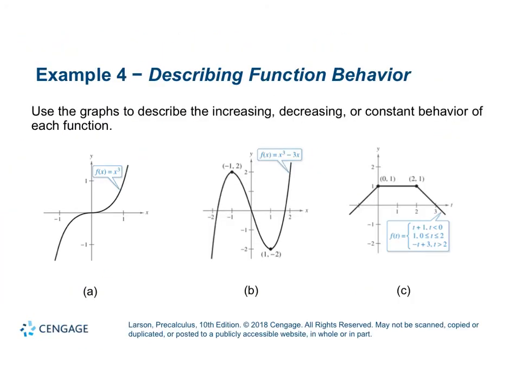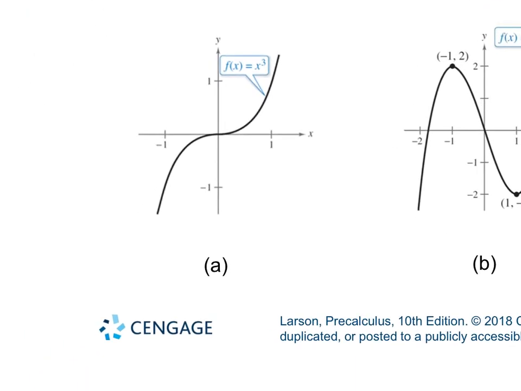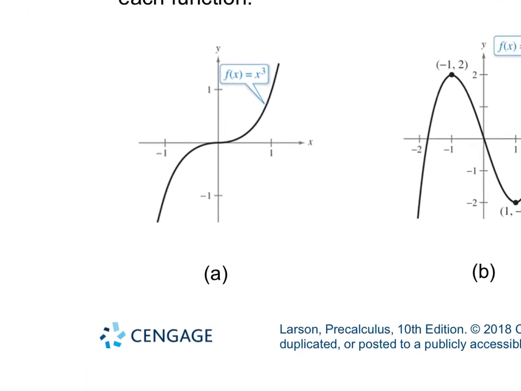Okay, this next slide we've definitely seen before. Use the graphs to describe the increasing, decreasing, or constant behavior of each graph. And you guys, I know you know how to do this. So what would our interval be for increasing for this graph?